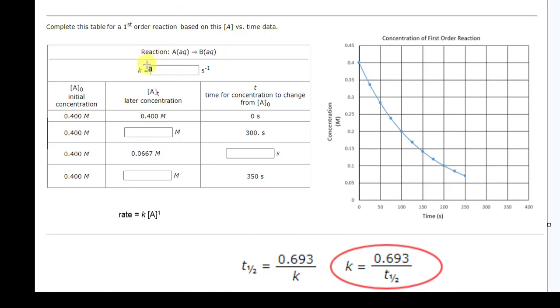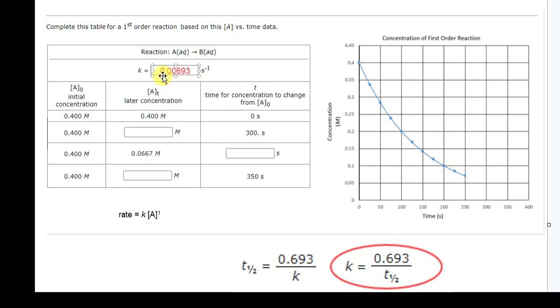Let me put that down. 0.00693. In fact, let me make that a nice red to show that we calculated that. Notice our unit is per second, because when we multiply K times the concentration, we get the rate, which is in molar per second. For every first order reaction, the K unit is second raised to the -1, or per second.